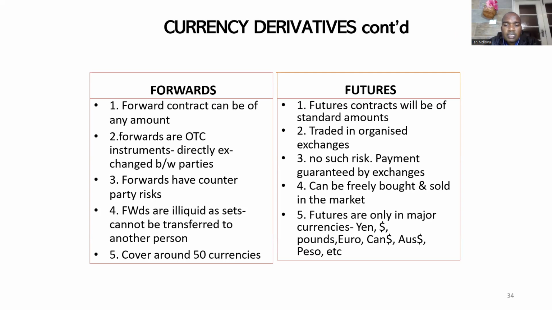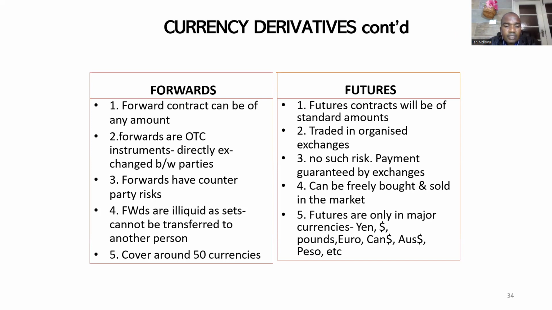So that's why futures are used to hedge, to eliminate the risk, because they are not associated with any risk. Payment is guaranteed by the exchanges. The fourth point is that forwards are illiquid assets. They cannot be transferred to another person, whilst futures can be freely bought or sold in the market because they are sold in organized exchanges.